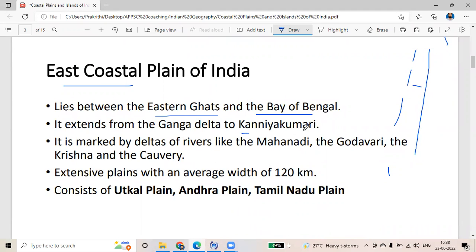Its length extends from the Ganga Delta to Kanyakumari.